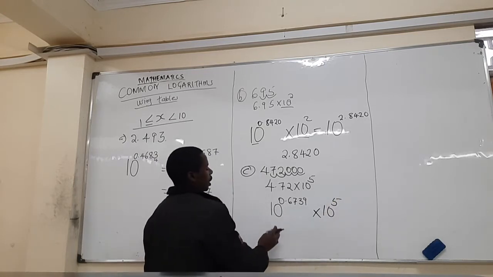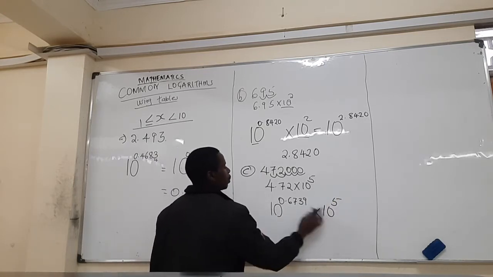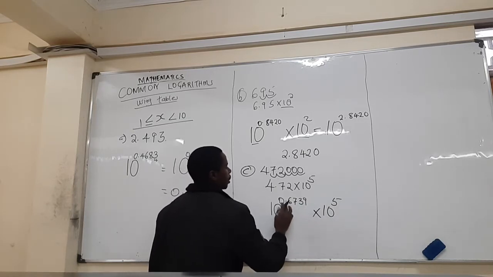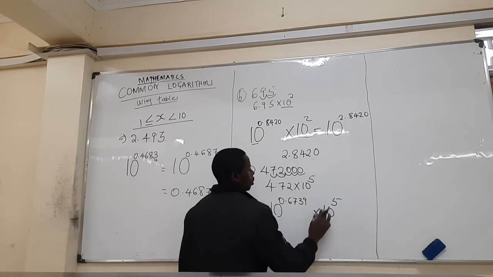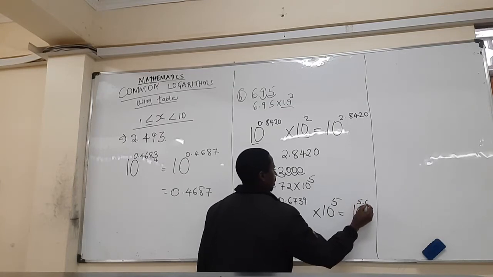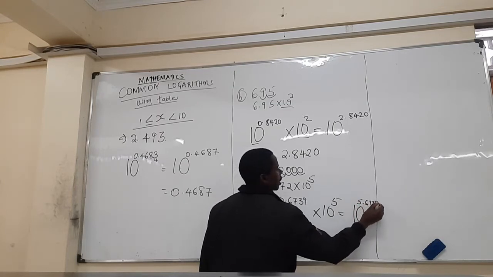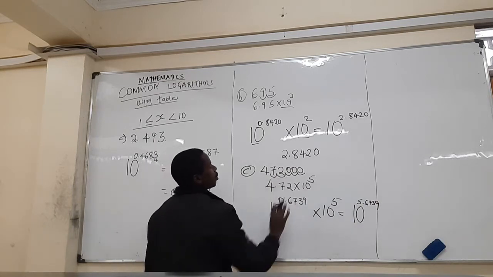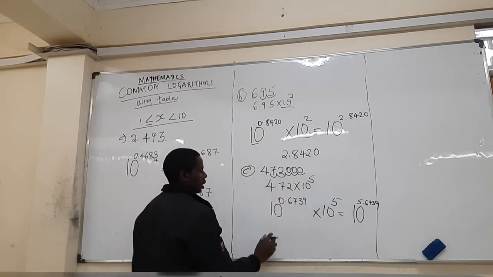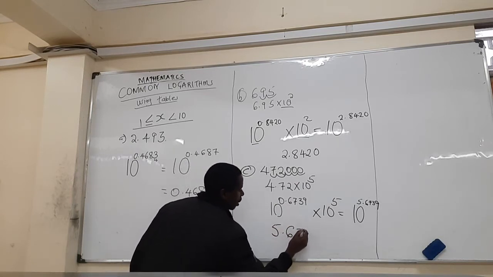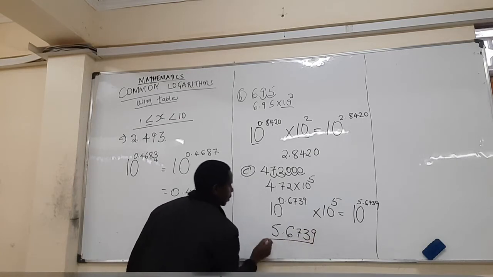Using the rules of indices, the bases are the same, so we add the powers. You add 0.6739 to 5, you get 10 power 5.6739. Generally, the logarithm of 472,000 is now 5.6739.